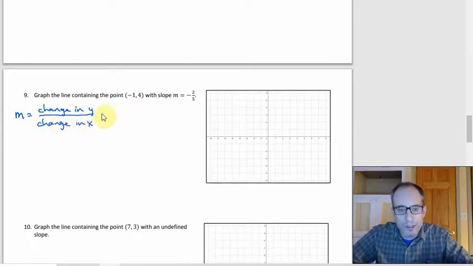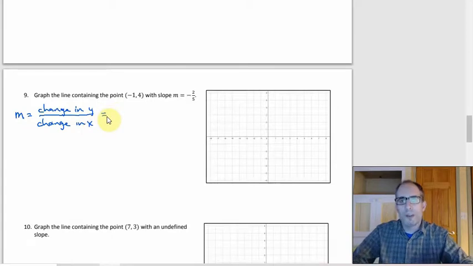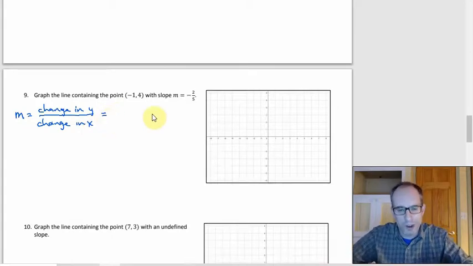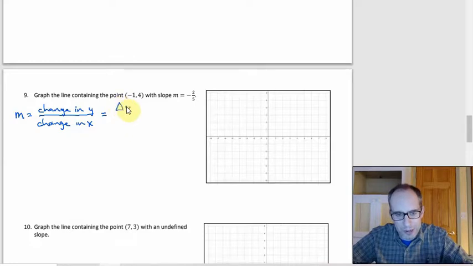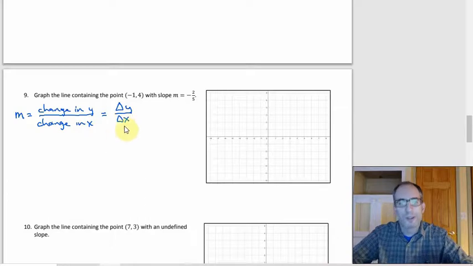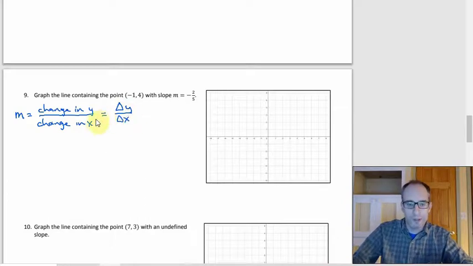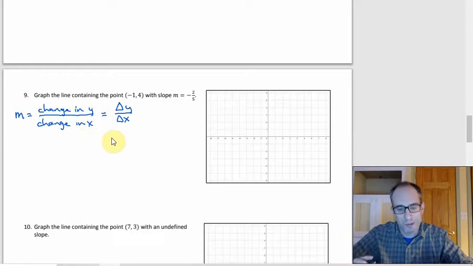And there is a shorthand for this, delta, which looks like a triangle. That is the symbol that denotes change. So you can write change in y or change in x like this if you want to. Some people like that. Some people prefer to have it in the words. Either way, they mean the same thing. So whichever one you're more comfortable with, you want to do that.